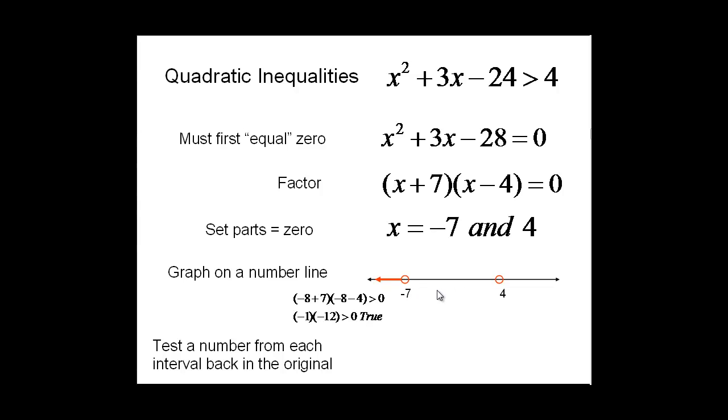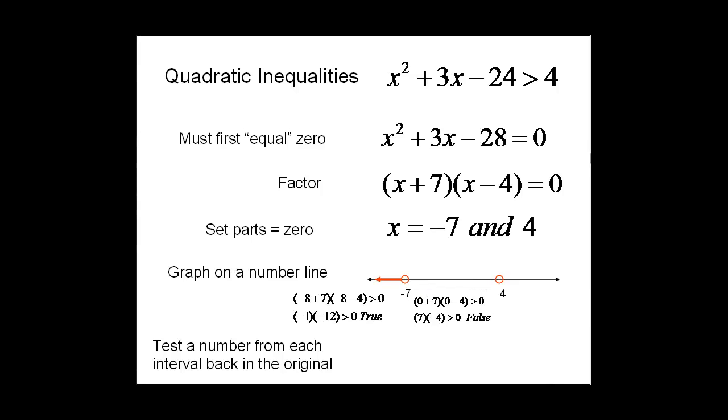Then I pick a number in the middle, which would be 0. 0 plus 7, 0 minus 4, greater than 0. So we get 7 times negative 4, which is a negative number. If that's bigger than 0, that is false.